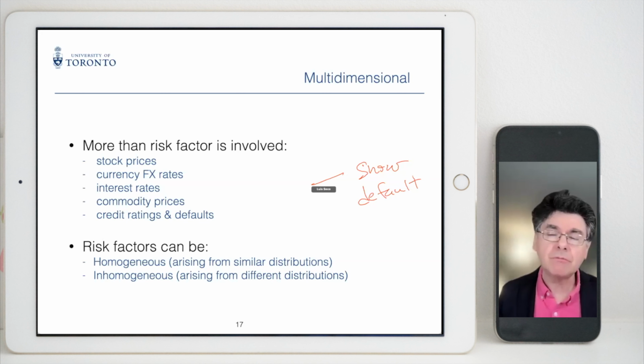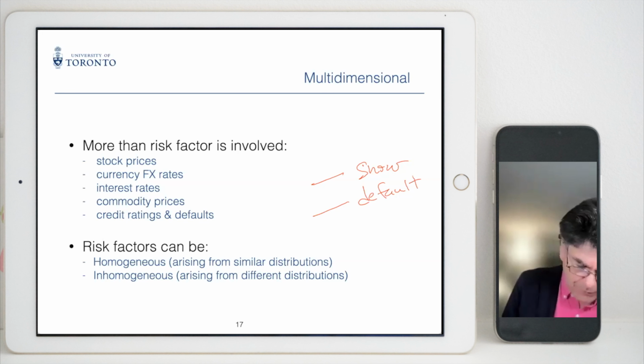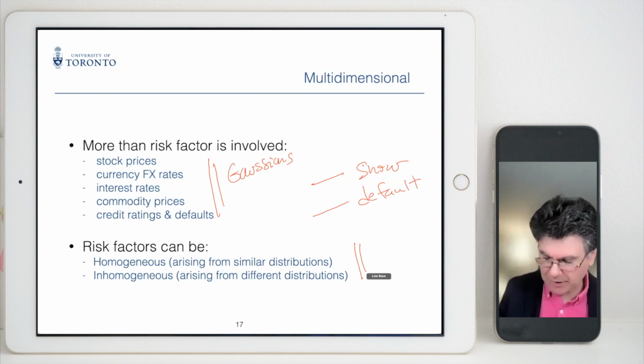Does it snow? Yes or no? Will they pay? Yes or no? These risk factors are homogeneous. And they typically are not going to be modeled by a Gaussian random variable. Okay, so these are oftentimes modeled with Gaussians. These, typically, cannot be modeled by Gaussians, never.